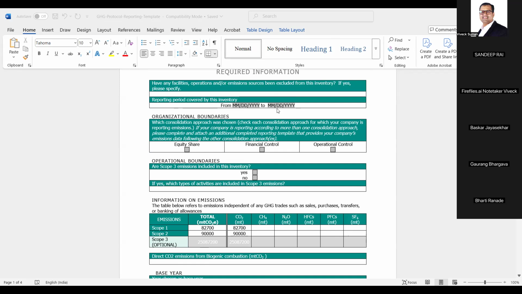Understood. But is it not possible that my financial year, as per my financials, is different from my ESG reporting year? Ideally it should not be. If you are doing quarterly, then it is possible, at least you have 3 quarters of data and you are putting 1 year of data. But comparison will be a little difficult in that case.